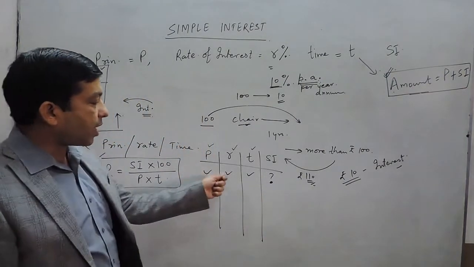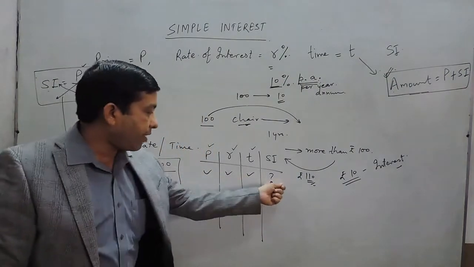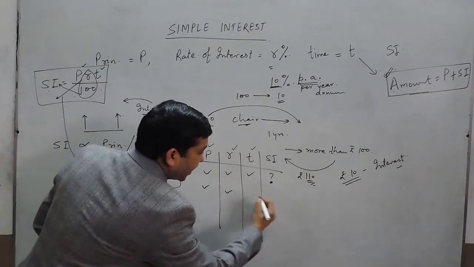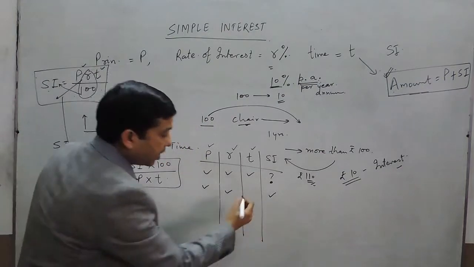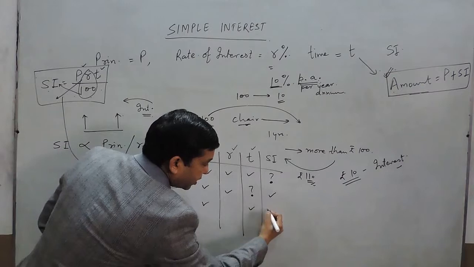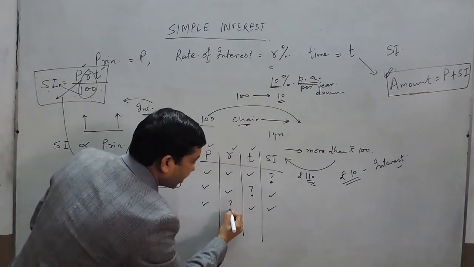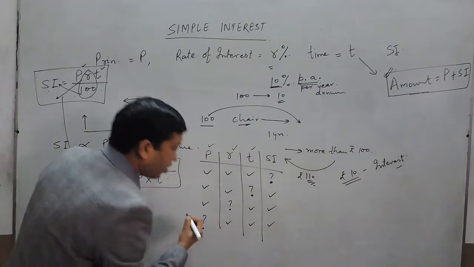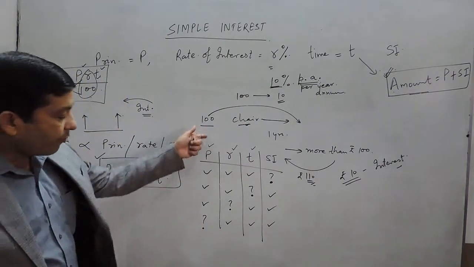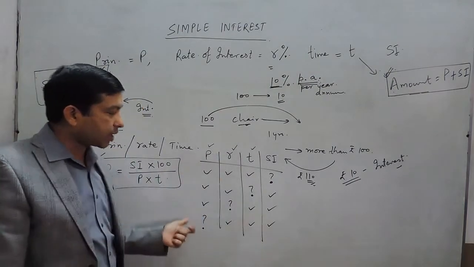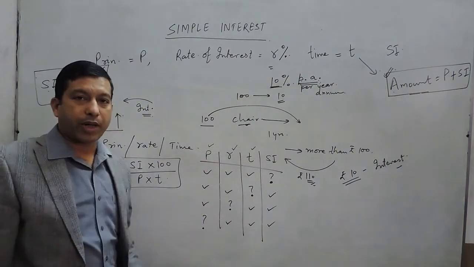Either the principal, rate and time are given and we have to find the simple interest, or the principal, rate and simple interest are given and we have to find the time. Maybe two of these are given and we have to find the rate, or the other three are given and we have to find the principal. We can see in the next video how we can solve the questions based on this point. Thank you.